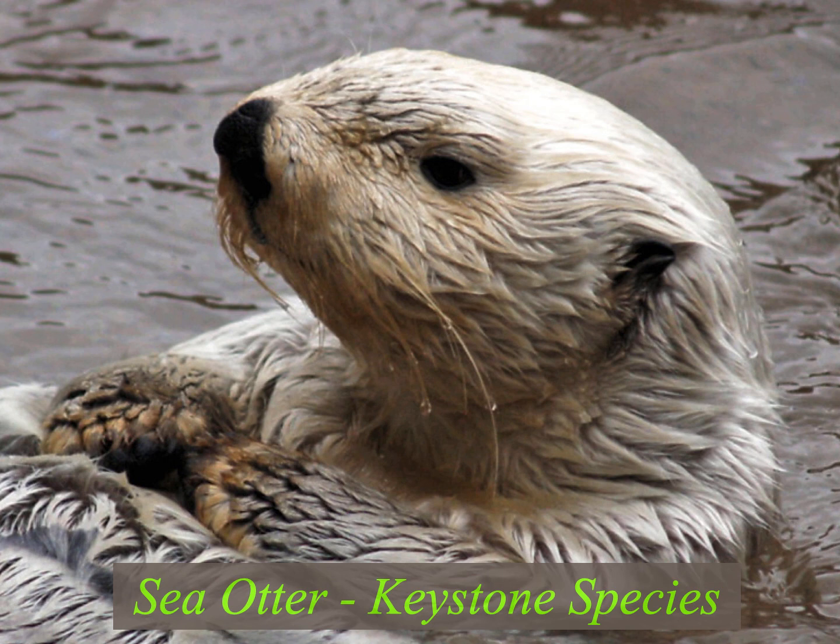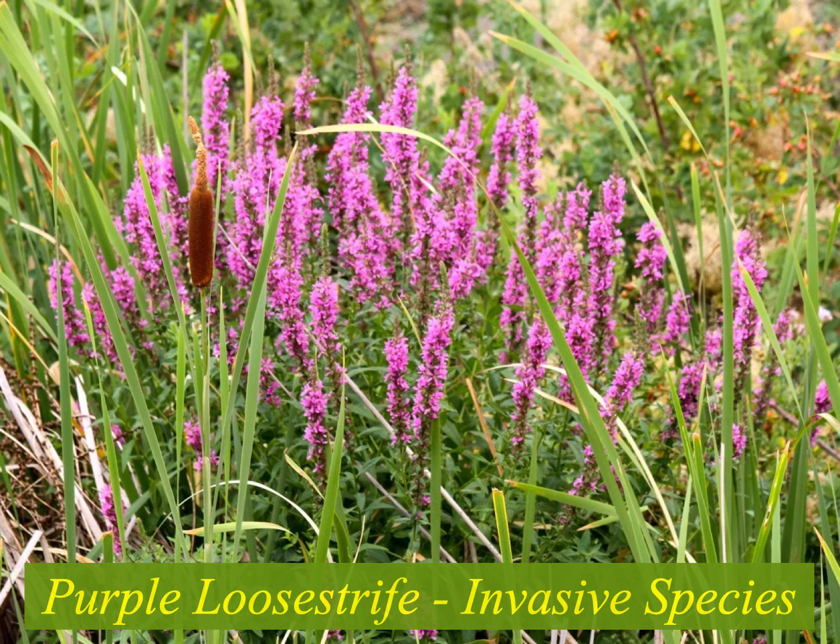Sometimes in a food web, a species may enter that is an invasive species, and it can upset the pattern of who eats who. For example, purple loosestrife is an invasive species in wetland habitats in North America, and it displaces species like typha or cattails and sedges.